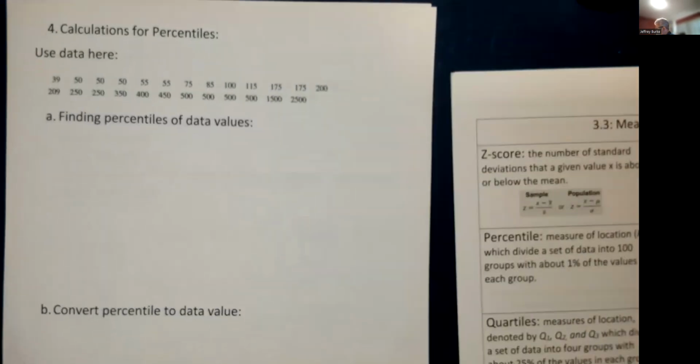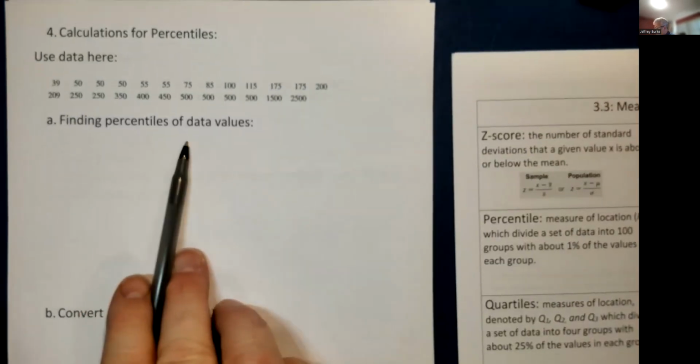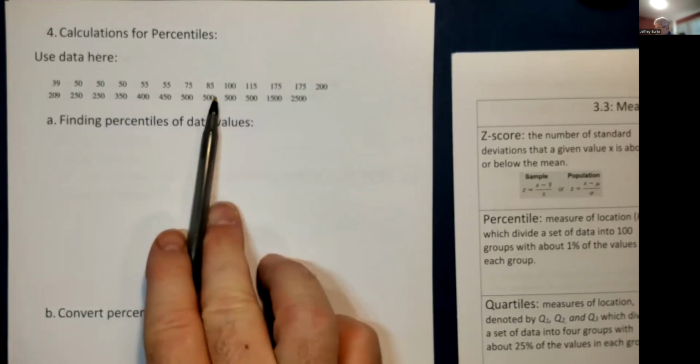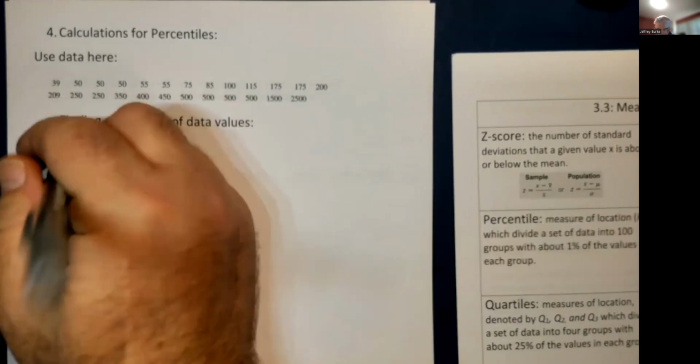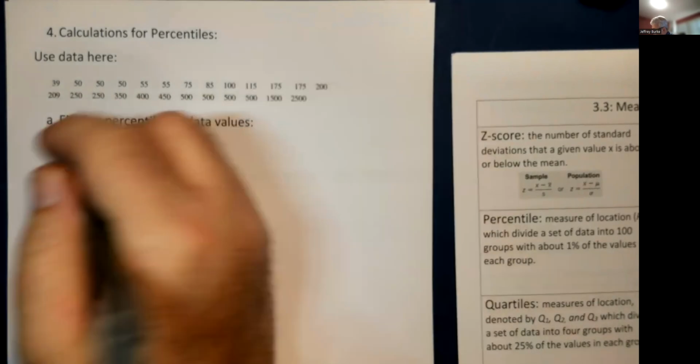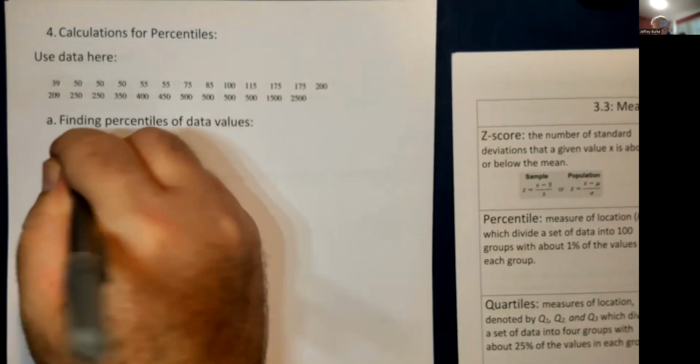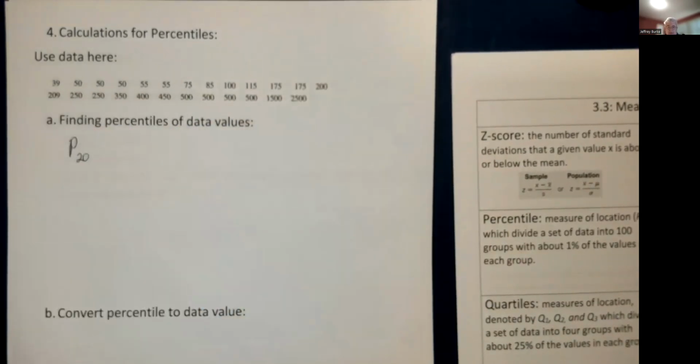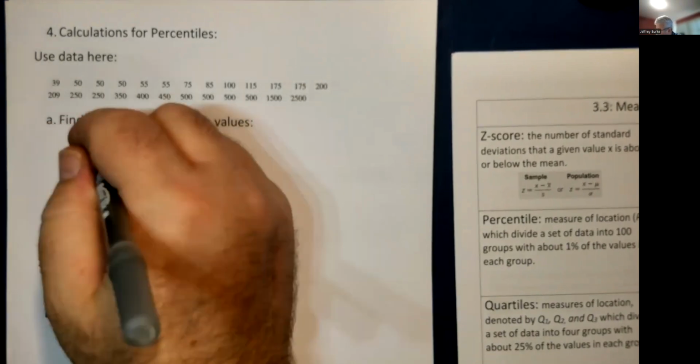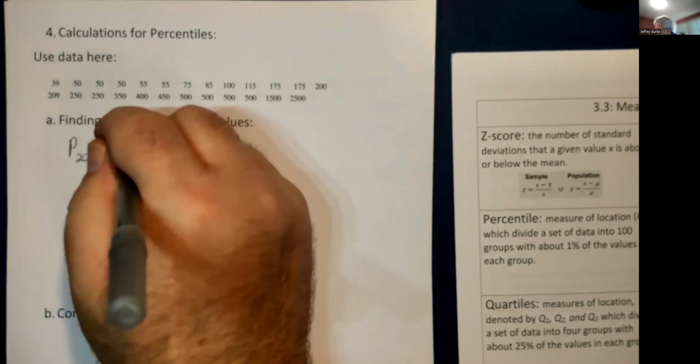Let's say, for example, that for this data up here I want to find p sub 20. And by finding p sub 20, what can I gather from this? This is the 20th percentile.